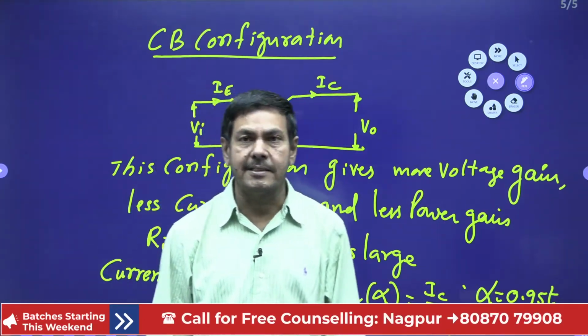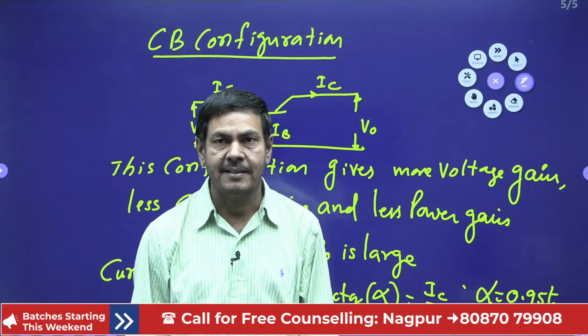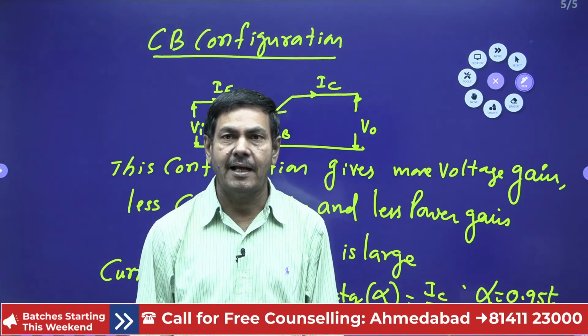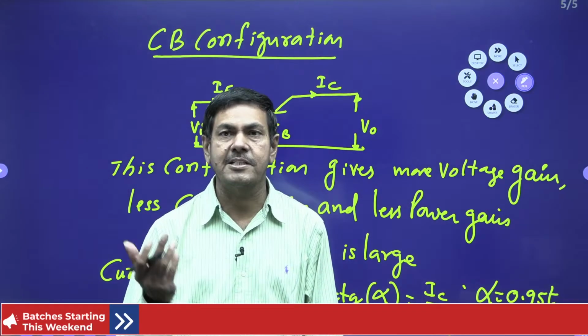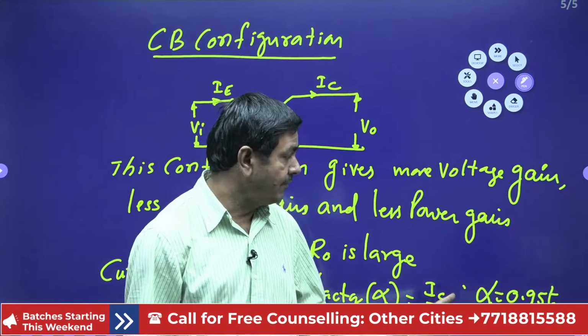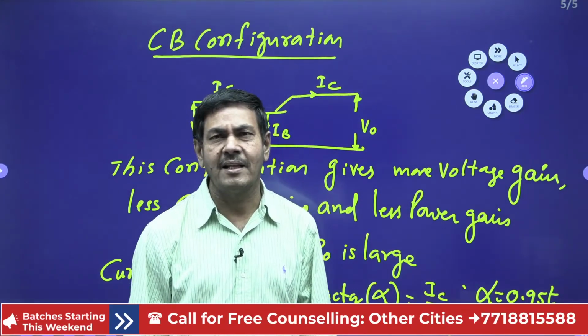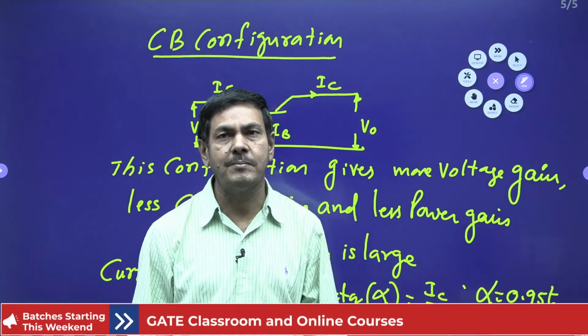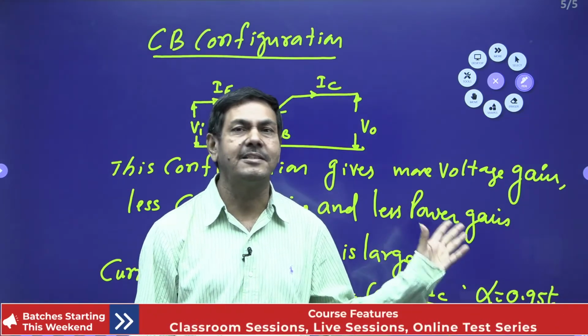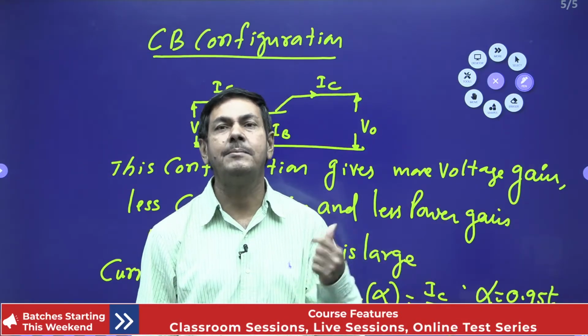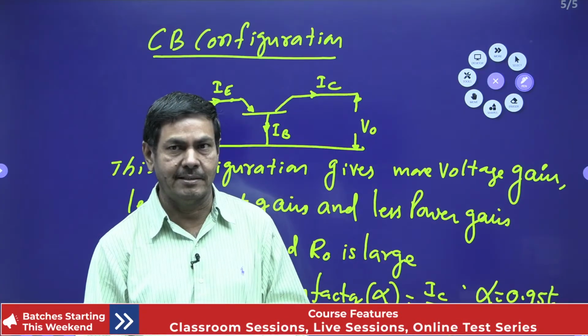Suppose anybody said, sir, I can design a common base configuration with alpha equal to 0.9. If you said 0.9, immediately they will say you are not an engineer. You don't have the ability to develop a good design.